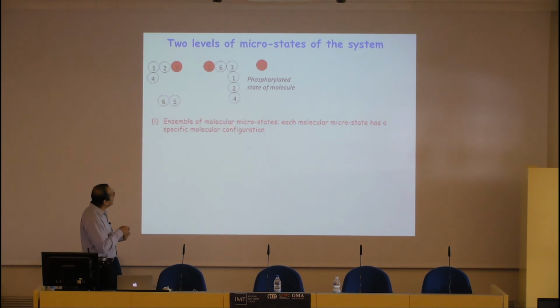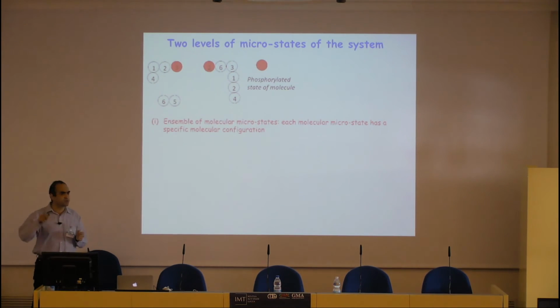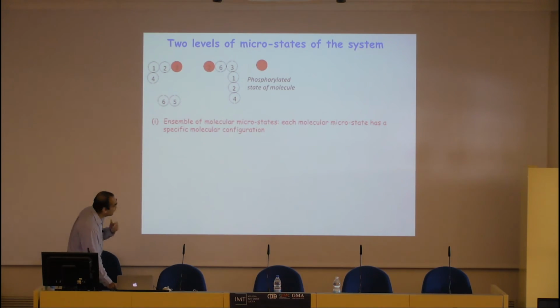A molecular microstate is what a traditional statistical mechanics person would be describing. The molecular configuration is perfectly specified. So in the ensemble of molecular microstates, each molecular microstate has a very specific molecular configuration. You tell me the position, you tell me the velocity of every molecule inside this particular system. Okay, so that's the first level of ensembles.